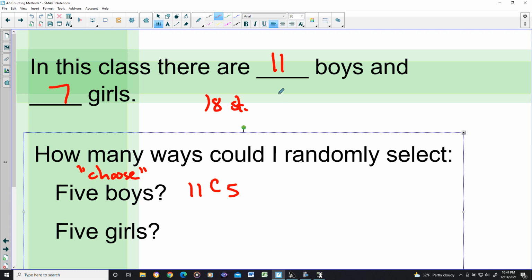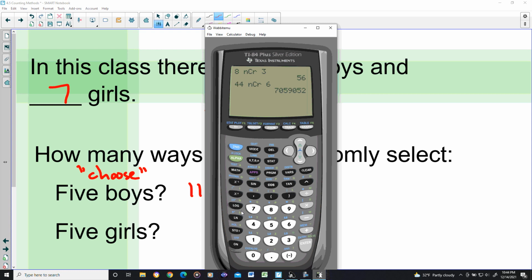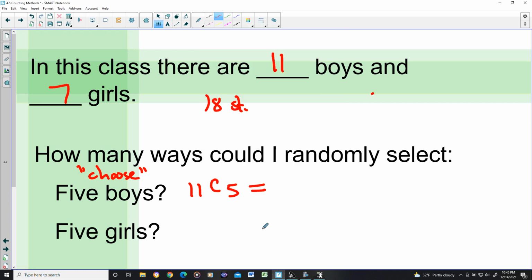And this equals, let's find out. I don't know that off the top of my head. 11 choose 5, 462. 462 ways.